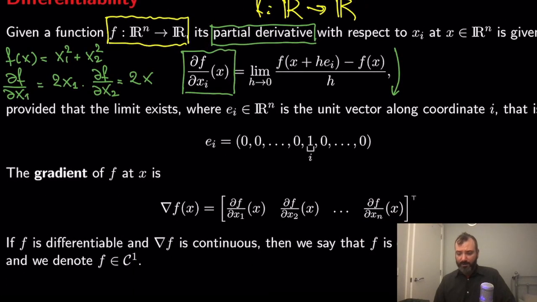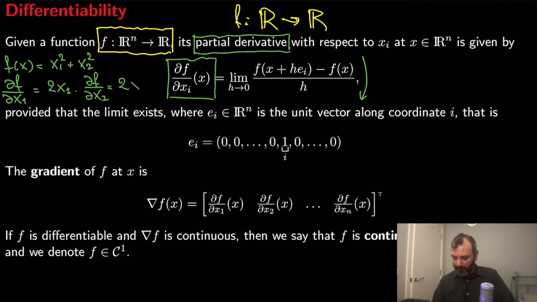And this is the definition if you want to have a look. It's not a very complicated derivative. It looks really like the standard derivative of a function of one variable, but it is not x plus h. It is x plus h times this vector ei, and this vector ei is a vector that has zeros everywhere, and it becomes active, so to speak.